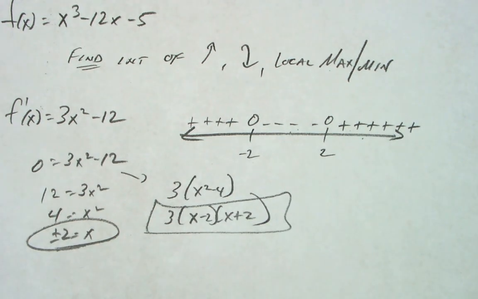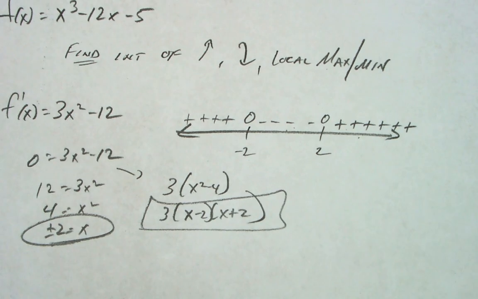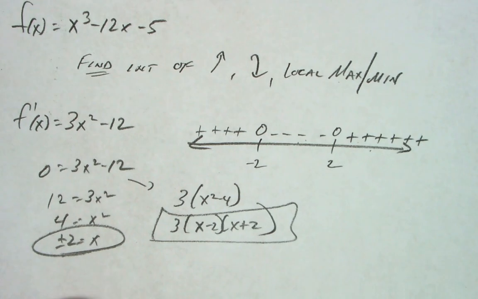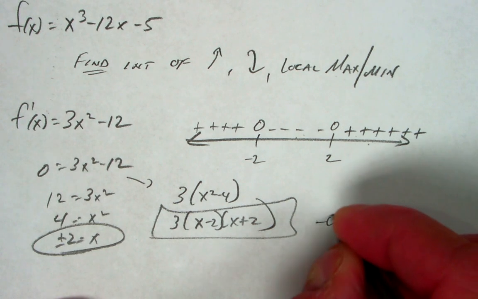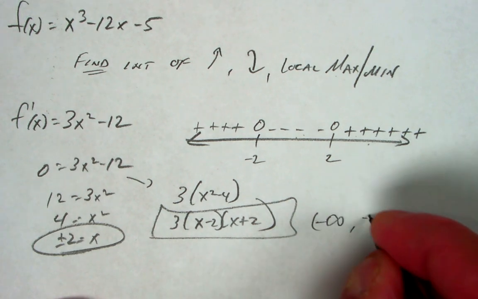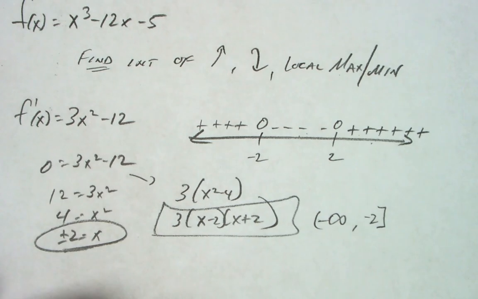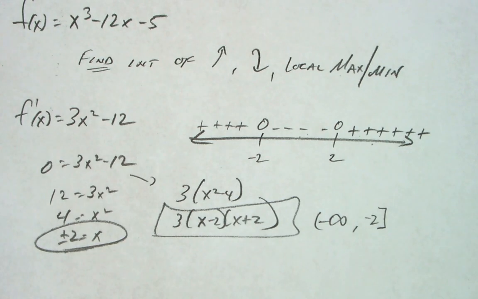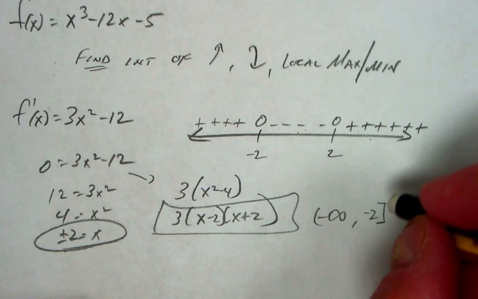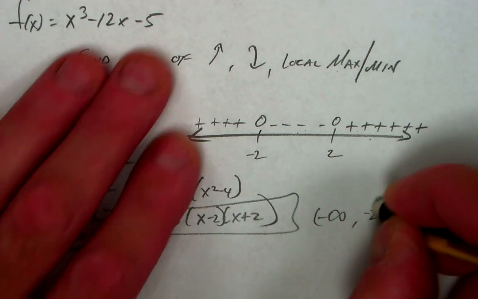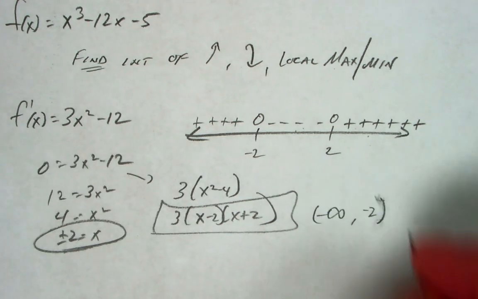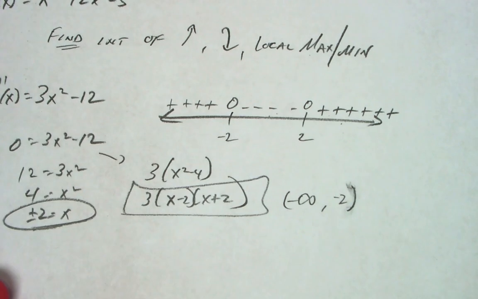So what can we decide here? Well, we want the intervals of increase and the intervals of decrease. From negative infinity to negative 2, what is my function doing? They use a soft bracket here. Is it increasing or decreasing?